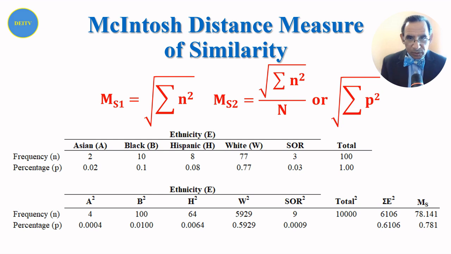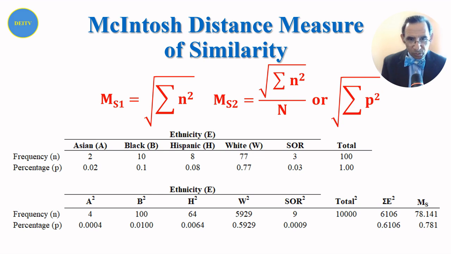78.41. You can also, like in the Simpson index, take the percentage of each group. So for Asians, it's going to be 0.02. You times that 0.02 gives you 0.004. You do that for the percentage of the number of black employees in an organization. So that's going to be 0.1 times 0.1.